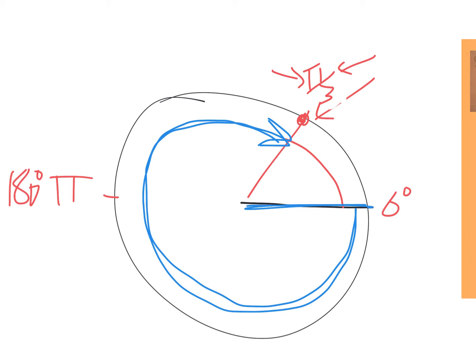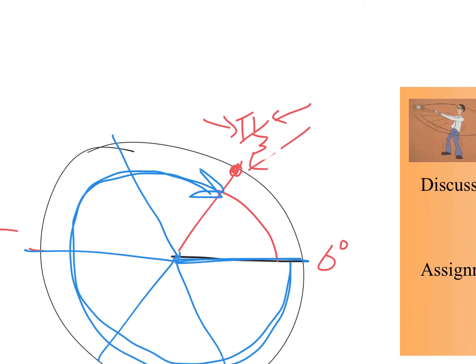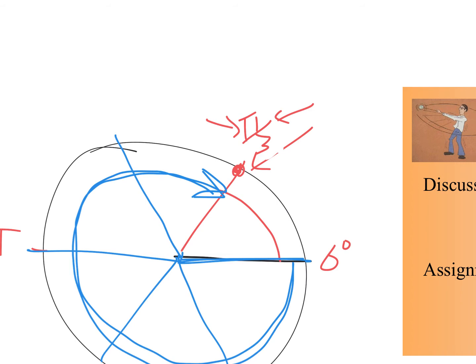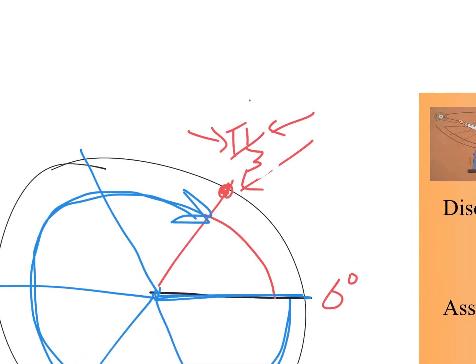Now that angle would be negative 1 pi over 3, negative 2 pi over 3, negative 3 pi over 3, negative 4 pi over 3, negative 5 pi over 3. I don't know exactly where to write that. I guess I'll write it here. They share the same spot.